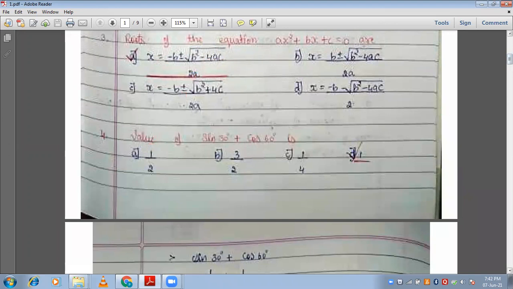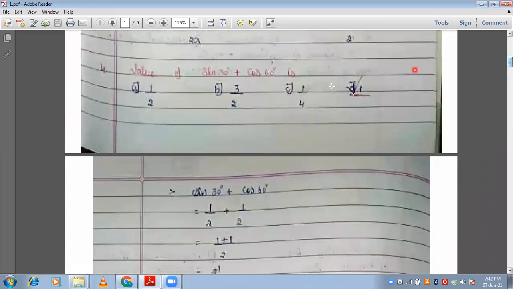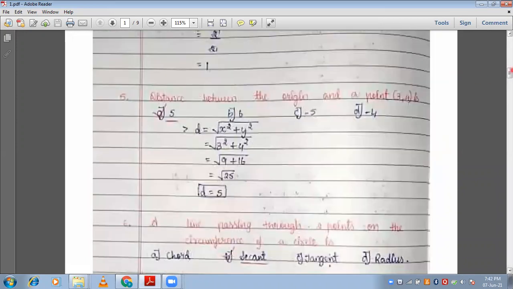Next, fourth question: the value of sine 30 degree plus cos 60 degree is dash. Sine 30 degree is 1 by 2 plus cos 60 degree is 1 by 2. The denominator here is the same. Now add the numerators, 1 plus 1 is 2, 2 by 2 is equal to 1. So option D is right.